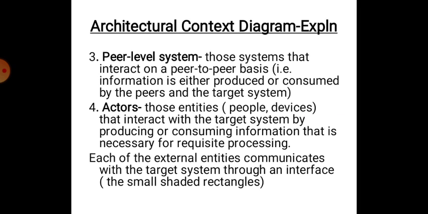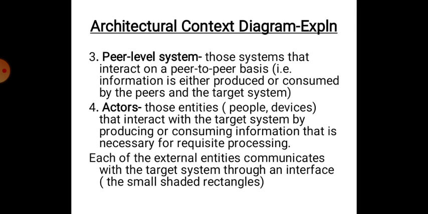Point number 4, actors. These entities, that is people or devices, interact with the target system by producing or consuming information that is necessary for requisite processing. Students, actors are the entities, could be people or could be devices, which will interact with the targeted system or which will use the targeted system.